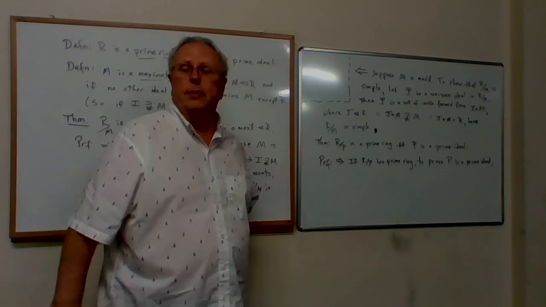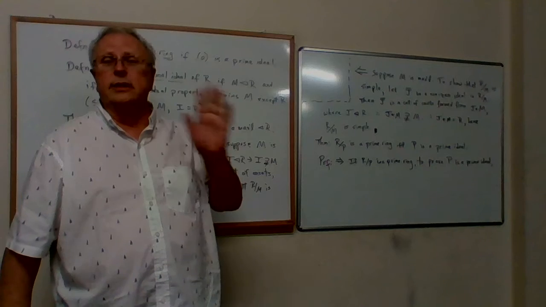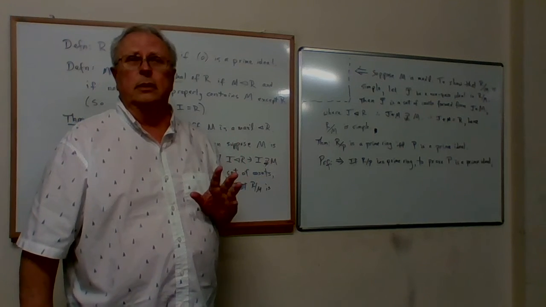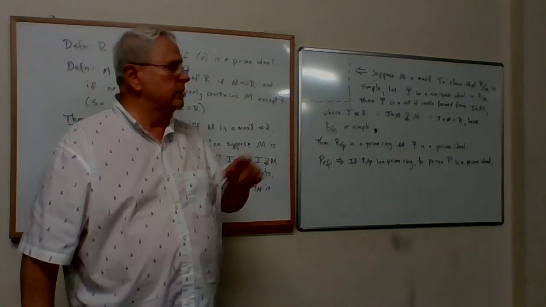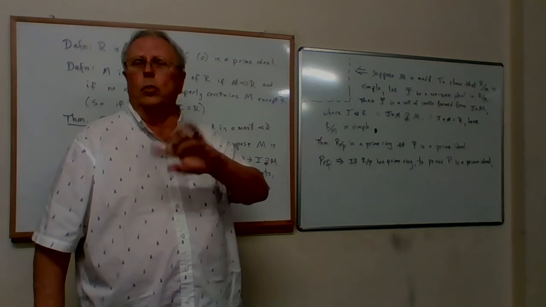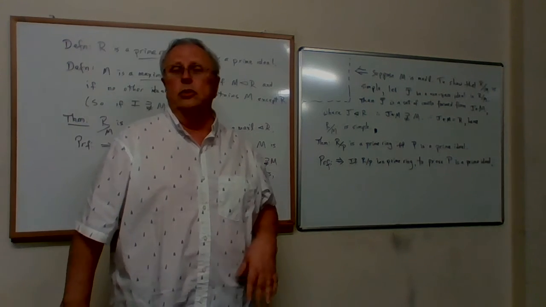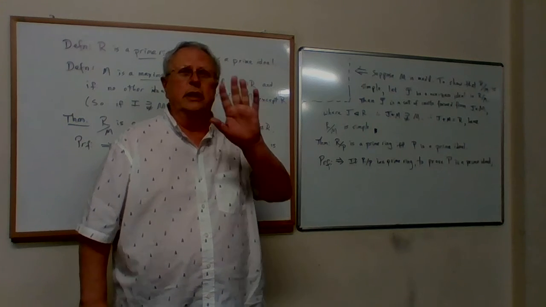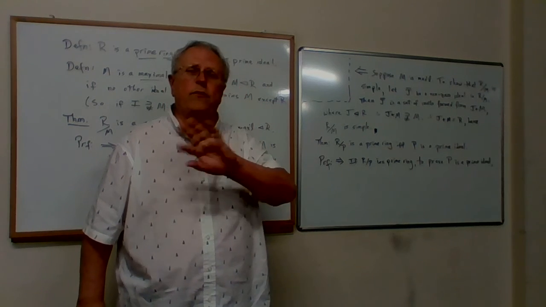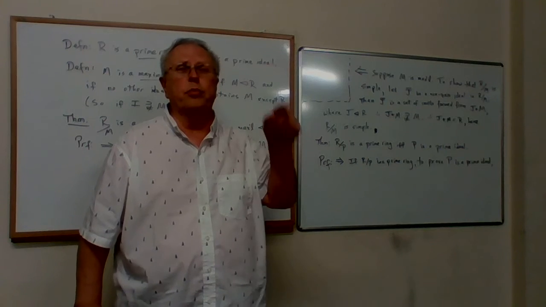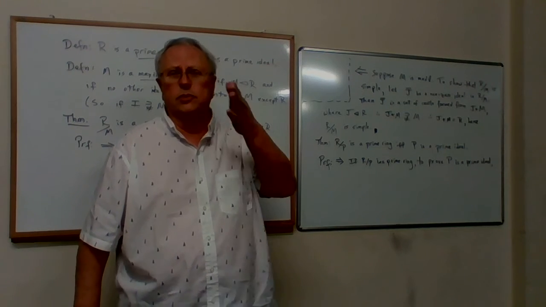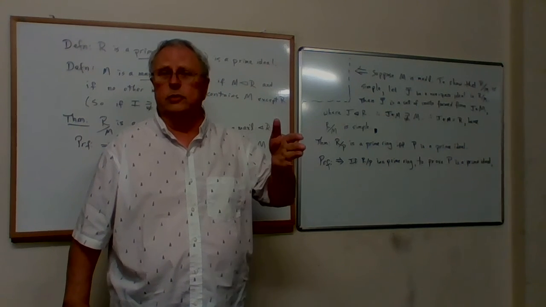The definition of a prime ideal is if I multiply two ideals together and the product is contained in P, then one or the other is contained in P. And recall what I mean by multiplying two ideals together. It's the set of all finite sums of products of elements from the two ideals.